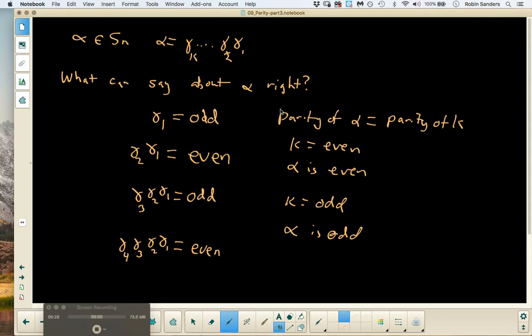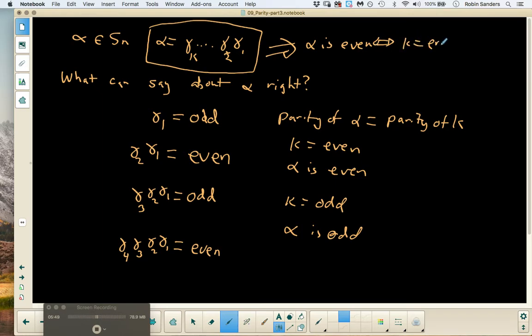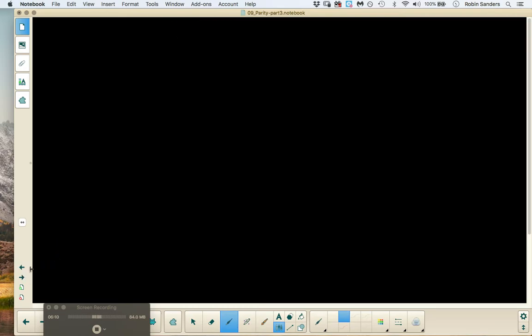This fact here, that if I have alpha written as a product of 2-cycles, then alpha is even if and only if k is even, and alpha is odd if and only if k is odd, has some really important consequences. And let's look at one consequence in the next slide.